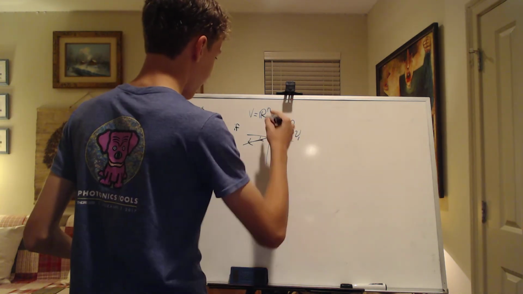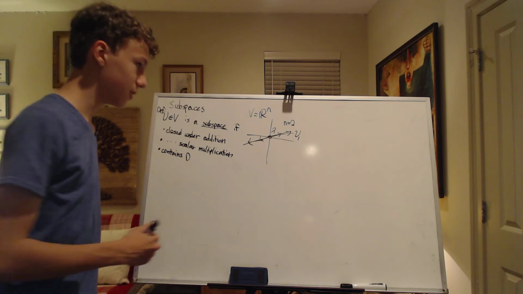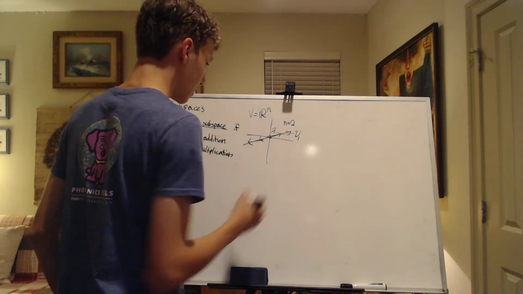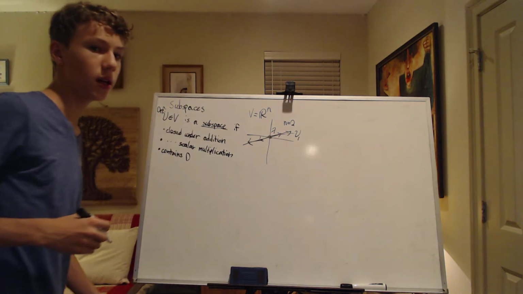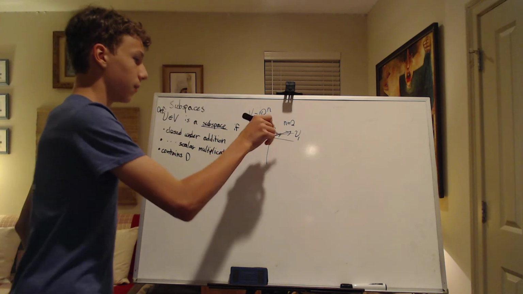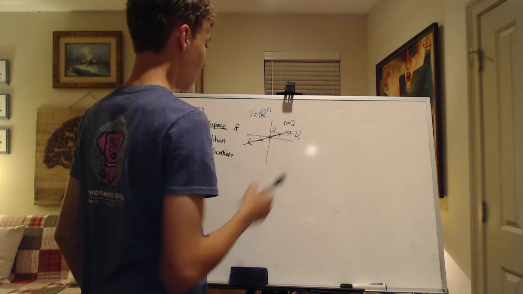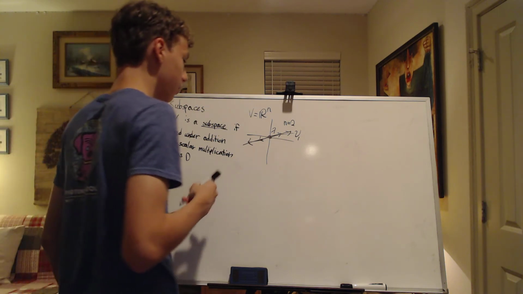Well, the largest subspace of a vector space is that vector space. The smallest one is just the 0 element. So just 0. So those are the only types of subspaces for R2. But you can kind of generalize this to Rn.